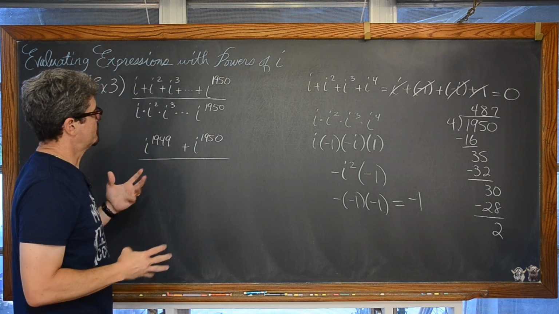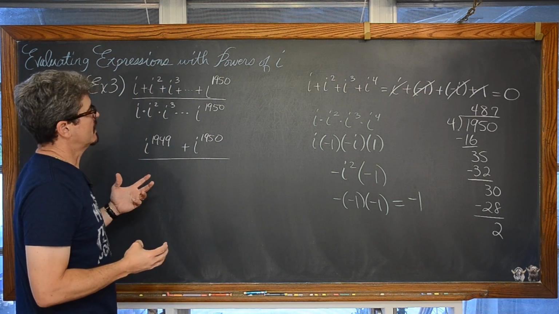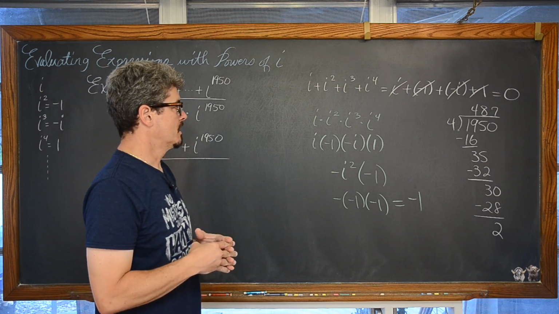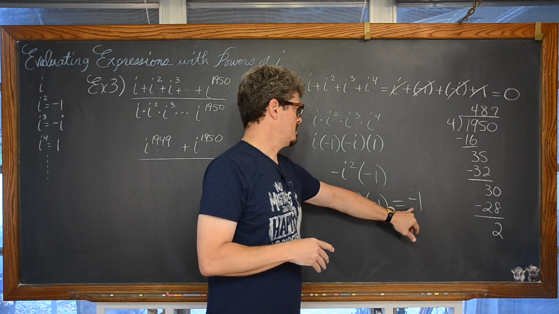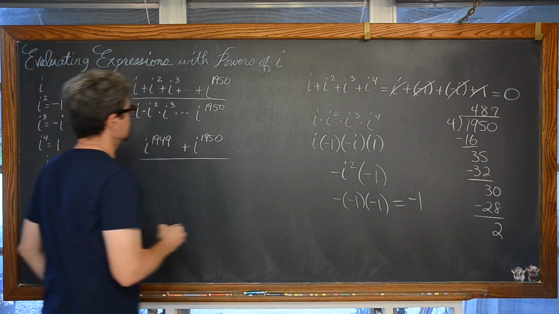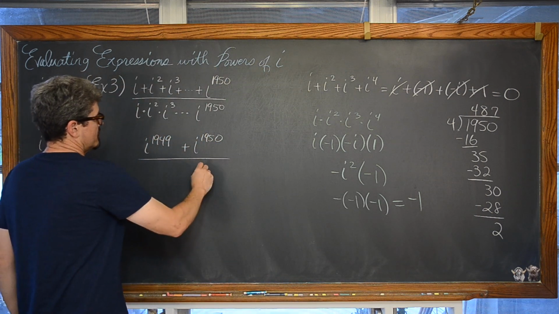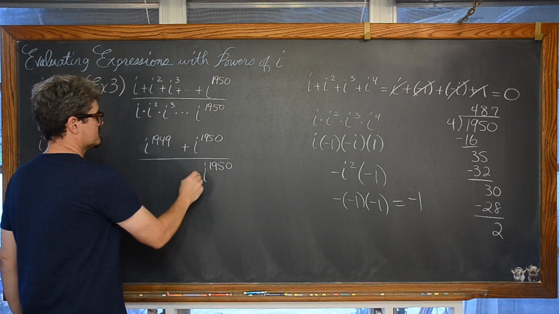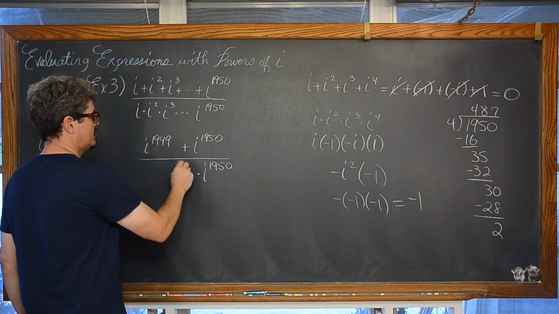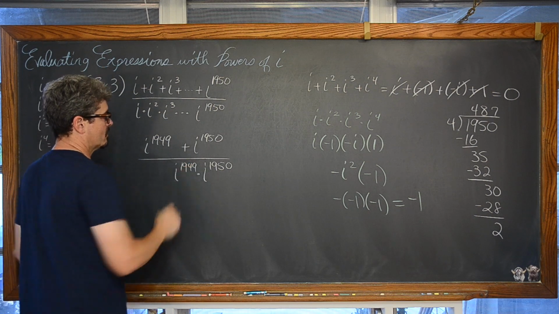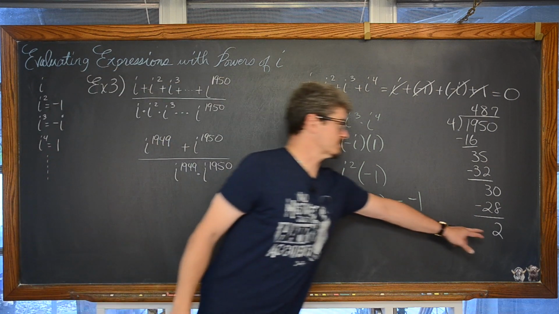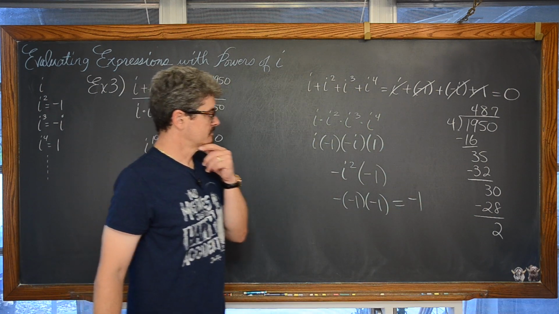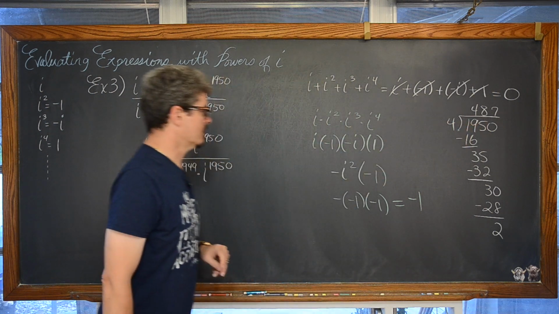So we've got 487 cycles of products which are equal to negative 1. So we have i to the 1950th power times i to the 1949th power, looking at those last two because we do know that there's a remainder of 2 when you divide 1950 by 4.